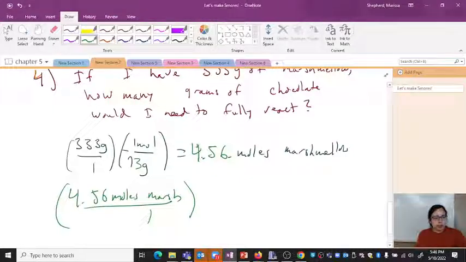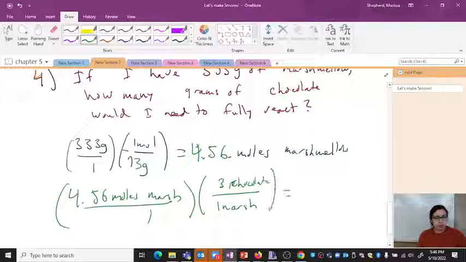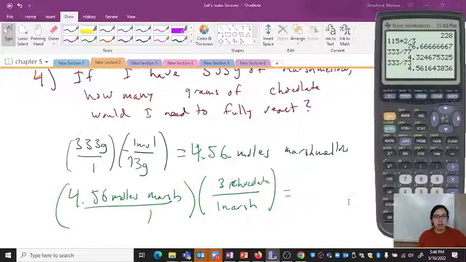I'm just going step by step right now. We know that for every 1 marshmallow, 3 pieces of chocolate. So then times 3. So now that gives us moles of chocolate, right?